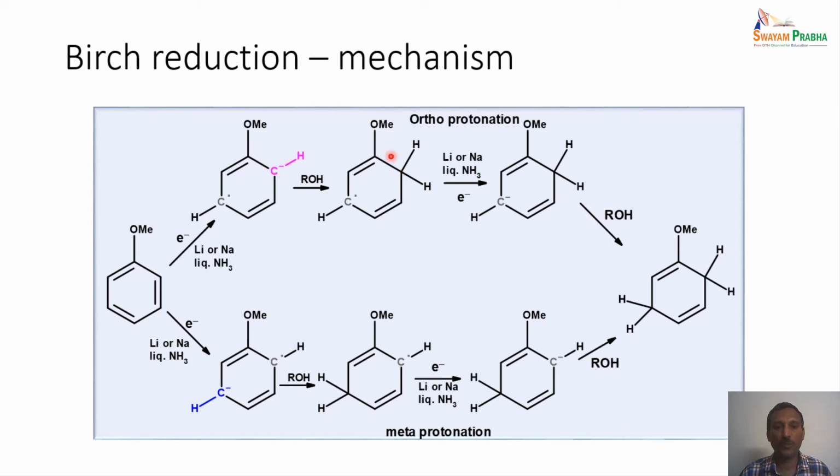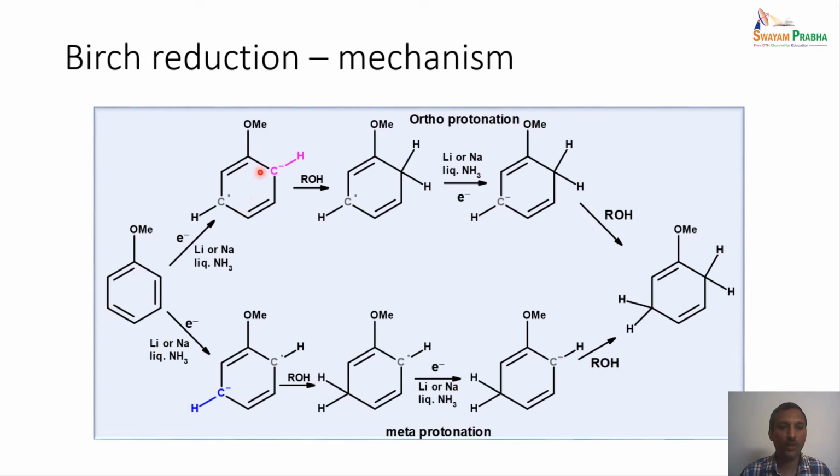This is the first step, and then the second electron is added to the radical here. This radical is formed simply by the shift of a double bond: once the electron is added, this double bond shifts. One electron from this double bond and one electron from this double bond come here to form a double bond, and that leaves the carbon with one extra electron.